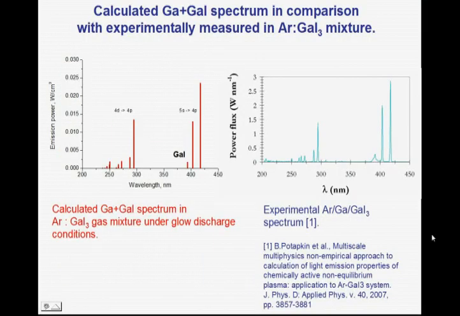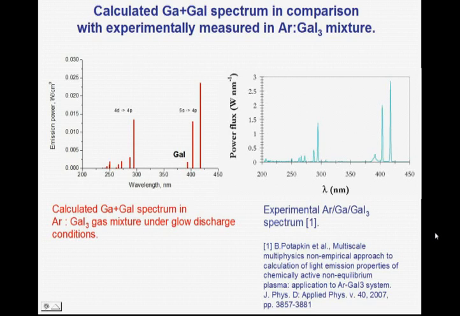The final goal of our model is to predict the emission spectrum and power in the ultraviolet and visible range, and the emission efficiency as a function of plasma and input gas parameters for various gas compositions. The left figure presents the gallium iodide spectrum calculated in argon gallium iodide 3 gas mixture under glow discharge conditions.